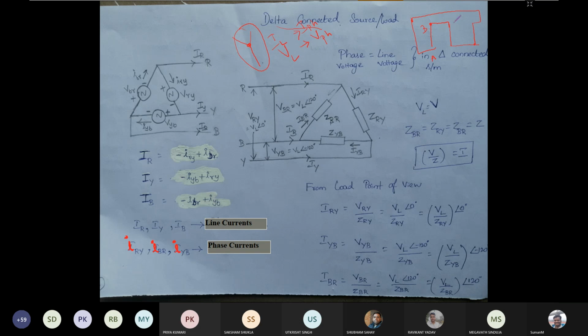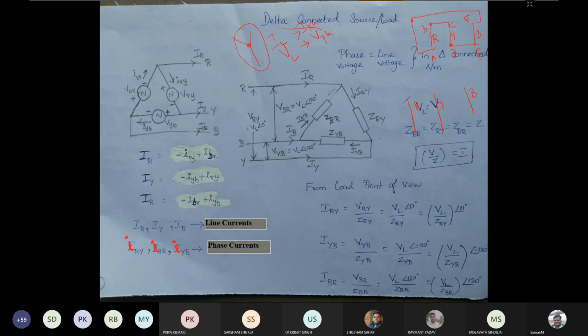Okay, this is R phase, this is Y phase, this is B phase.